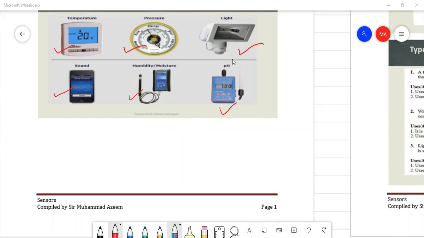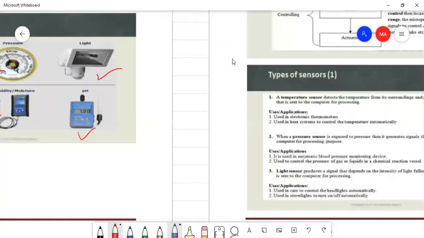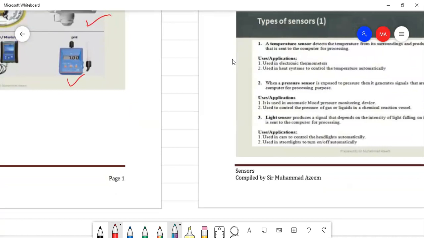Now, other types of sensors are available in the market, but only a few of the sensors have been studied in our course. Now, look at the description. I will upload this lecture slide, and I will also assign the functions and applications of sensors.